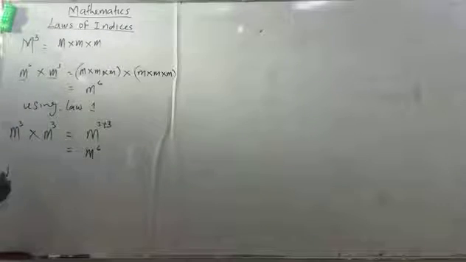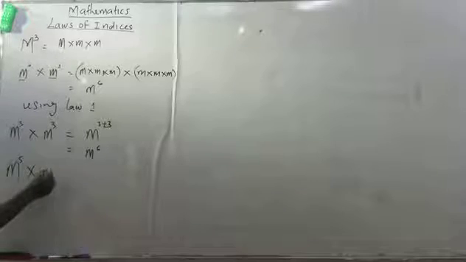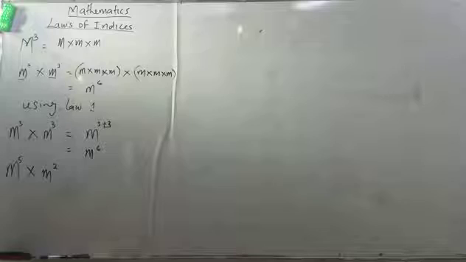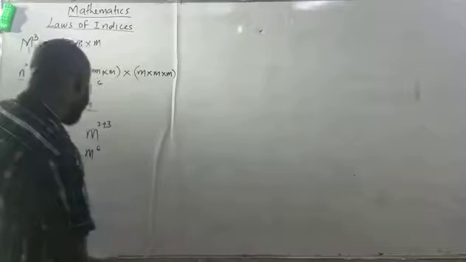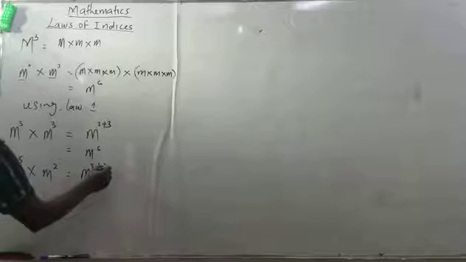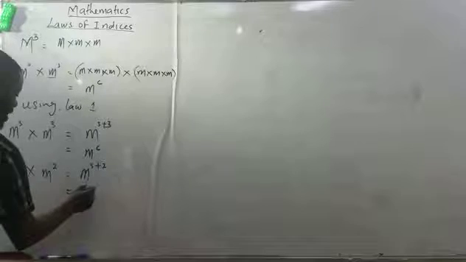Okay, let me make it m raised to power 5 multiplied by m raised to power 2, so that you will understand what I'm saying. Instead of multiplying around like that, it means m raised to power 2 plus 3, which is going to be m raised to power 7.